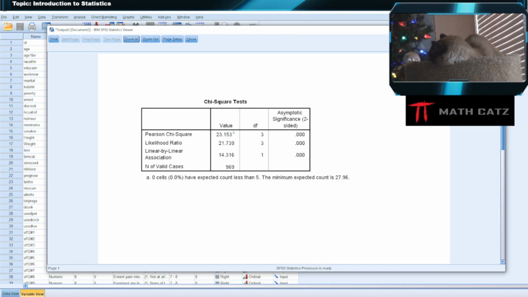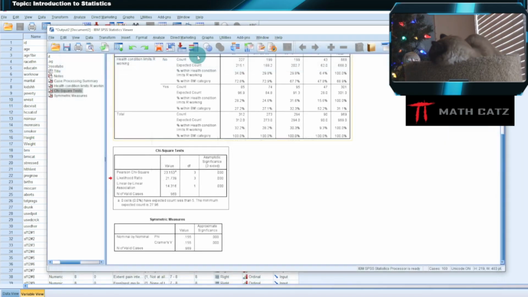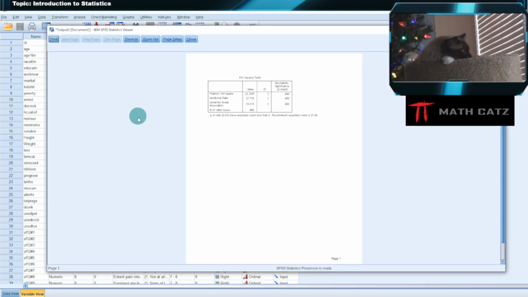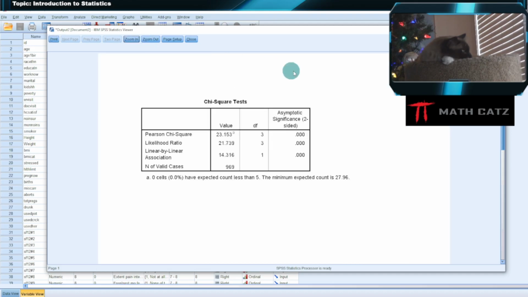How many degrees of freedom would there be in this? I missed it now. Let's close this. In this test, well, remember the degrees of freedom would be number of columns minus 1, so 4 minus 1, times number of rows minus 1, so 2 minus 1, for a total of 3. 3 degrees of freedom. So let's just make this one a little bit bigger again. Zoom, zoom.